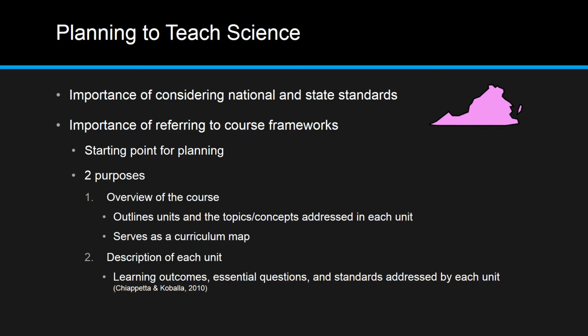Likewise, it is often helpful to refer to the course frameworks, which often accompany the national and state standards, to use as a starting point for planning. The course frameworks serve 2 main purposes: that of providing an overview of the course through unit outlines, and that of providing a description of each unit by providing learning outcomes, essential questions, and a list of standards that are addressed by each unit.